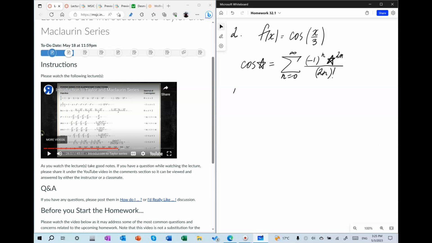And now if we let the star be x over 3, then cosine of x over 3 can be written as the following series.